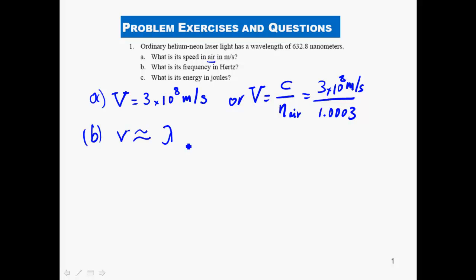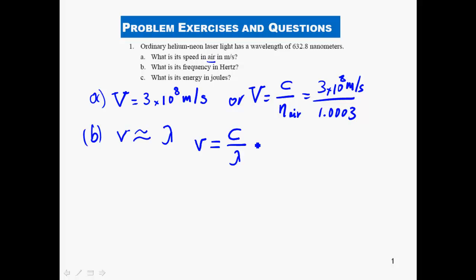So you open up your book. Can you find a formula that will give me nu with respect to lambda? Nu is equal to c, the speed of light, over lambda.